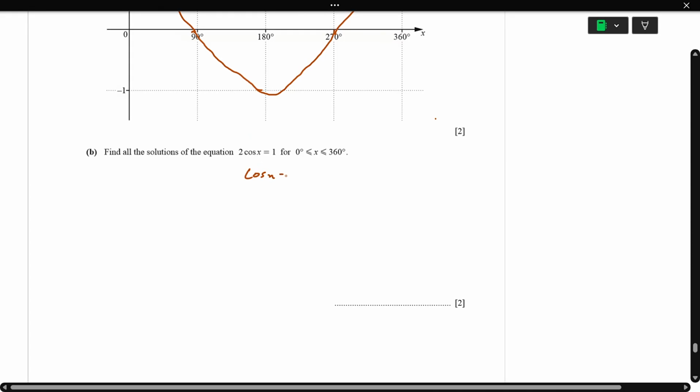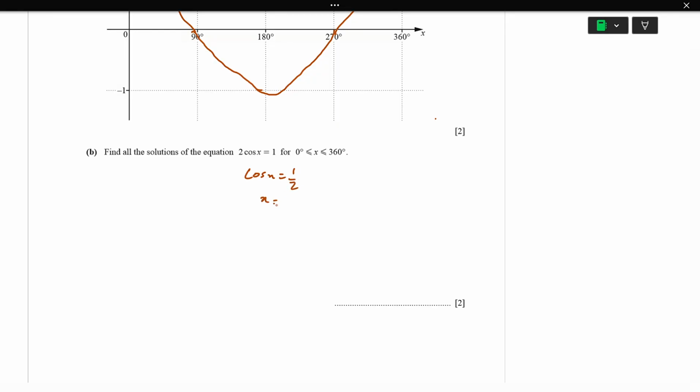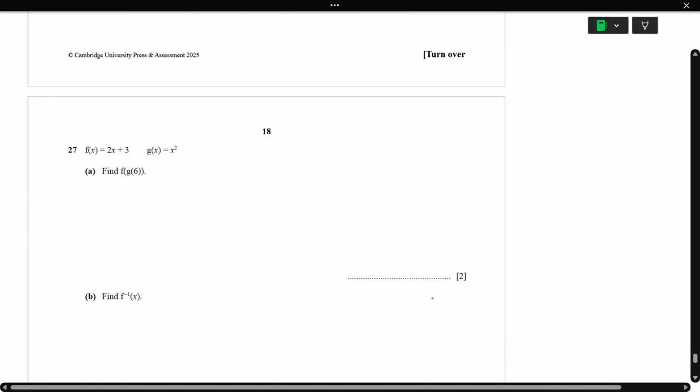So cos x equals 1 by 2, x equals cos inverse of 1 by 2. Cos is positive in the first quadrant and fourth quadrant. In the first quadrant the cos value is 1 by 2 at 60 degrees. Cos 60 is 1 by 2. Then this reflects in the fourth quadrant, which is 300. So the answer is 60 and 300 in one full rotation.